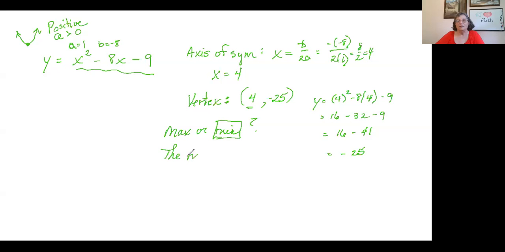So we can say the minimum function value, remember, is negative 25. And it occurs when x equals 4. Every other point will have a higher y value than negative 25.